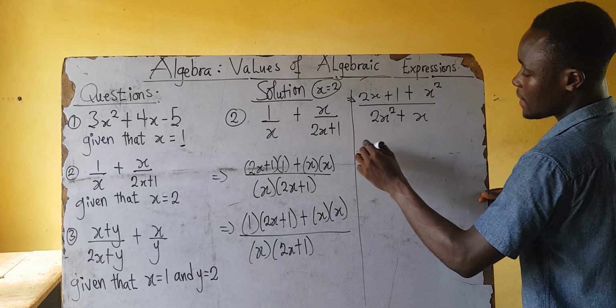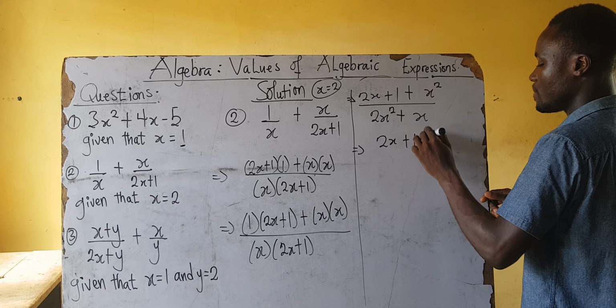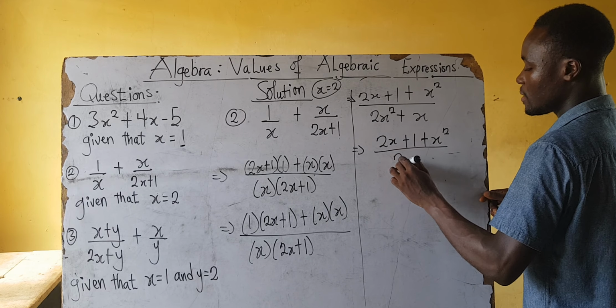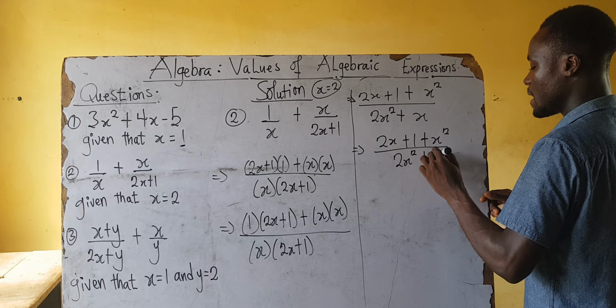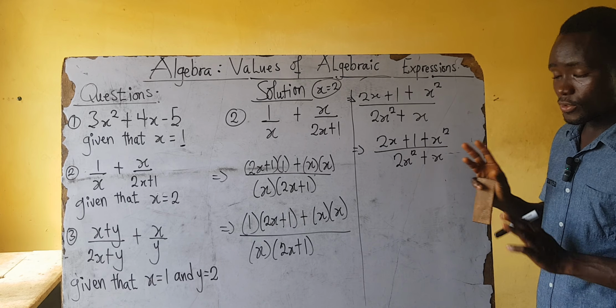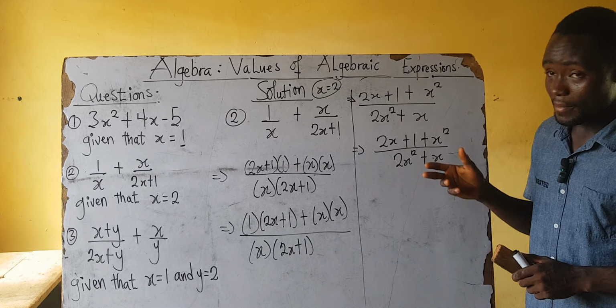So now I am getting 2x plus 1 plus x squared, all over 2x squared plus x. Remember here, we cannot use an x squared to cancel this, because the numerator is a trinomial and the denominator is a binomial.